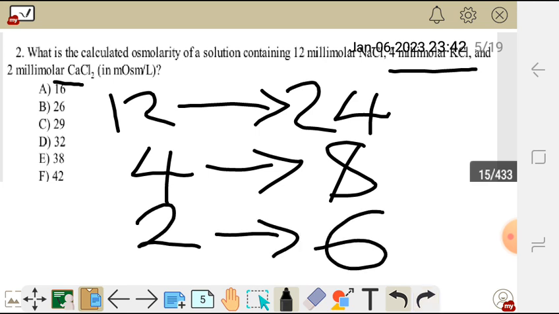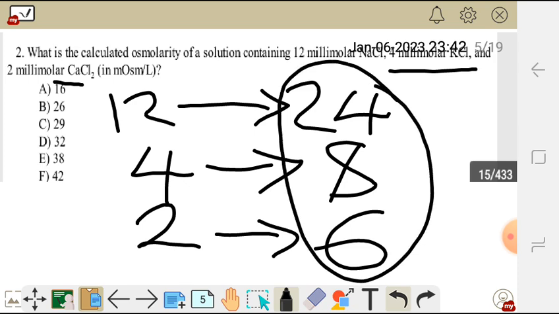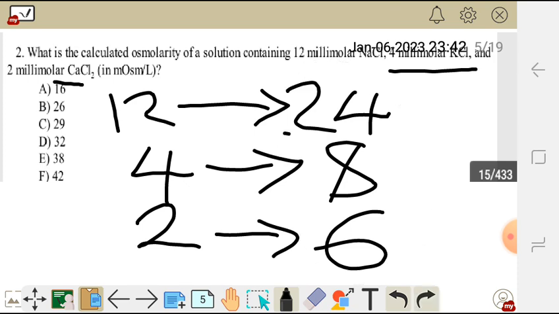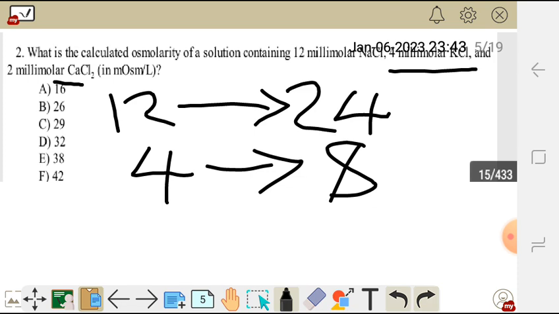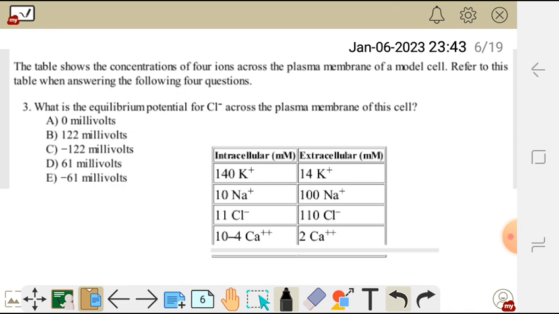So to find the total milliosmoles per liter, we add all these milliosmoles. So we have 24 plus 8 plus 6, which equals 38. So the correct answer for question 2 is E, 38. We move on to question 3.